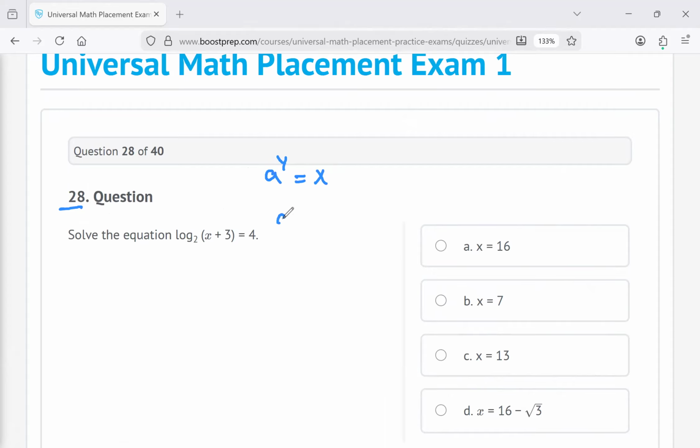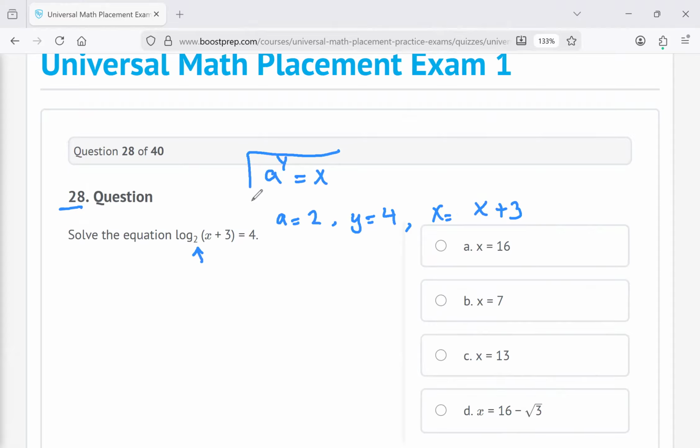So let's label what we have. Our a is our base, so our base is 2, right? See this 2, that's our base. My y is always on the right or left side of the equal sign, so my y is going to be 4. And my x is always near the log or the parentheses, so our x is x plus 3.